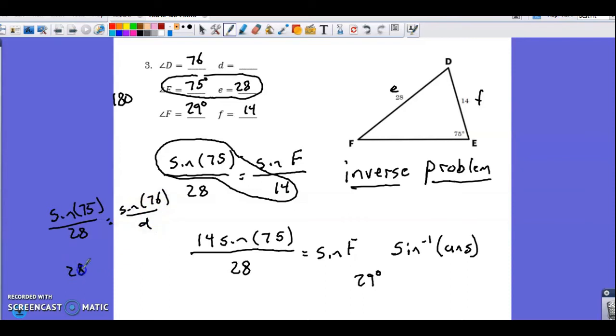In the calculator, it would be 28 sine of 76 divided by sine 75. Again, that's the same thing in your calculator, so I'm not going to show you that, but if you put it in, you should get 28.13, which is just barely bigger than the side, since 76 is barely bigger than 75. So there's your solved triangle.